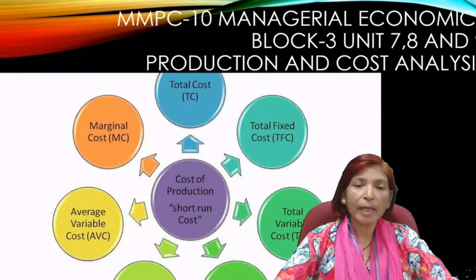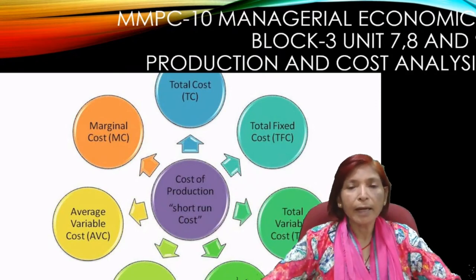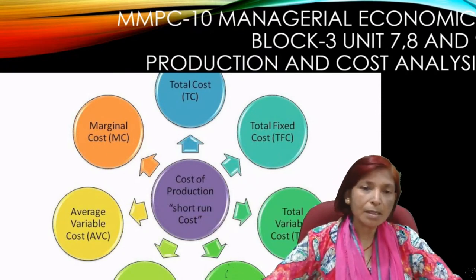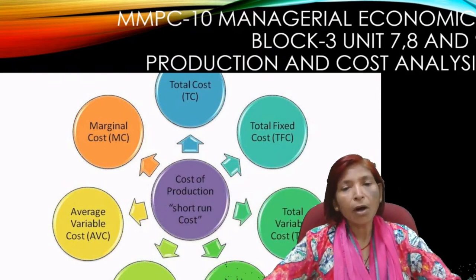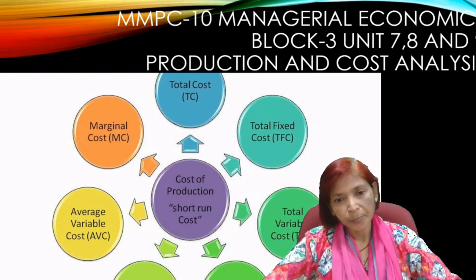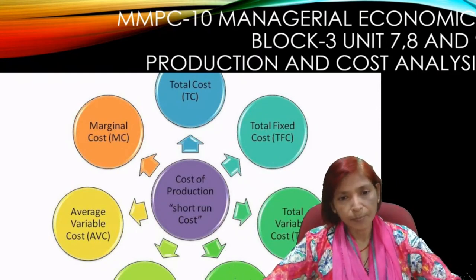There are so many types of cost, but we can broadly categorize cost concept into two main categories. One is short run cost and other is long run cost. There are mainly two types of cost. One is short run and other is long run cost.